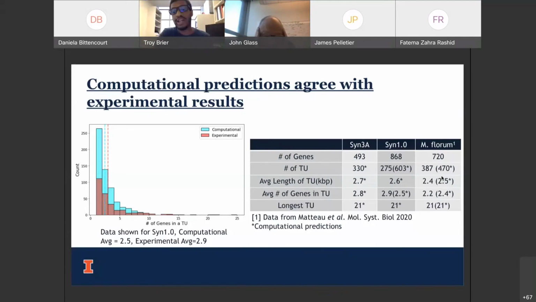And what's interesting is that although a different experimental method was used, the computational predictions still fall in very good agreement with the experimental results, based on the length of the transcription units, the number of genes, and even the numbers. And then interestingly enough, the longest transcription unit found in all of these actually belongs to a set of ribosomal proteins that are organized within the genome in a quite long transcription unit.